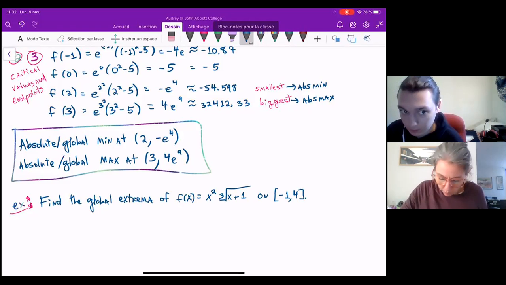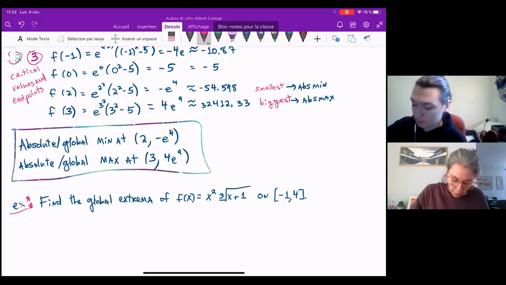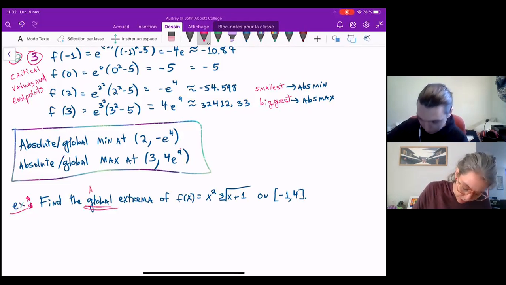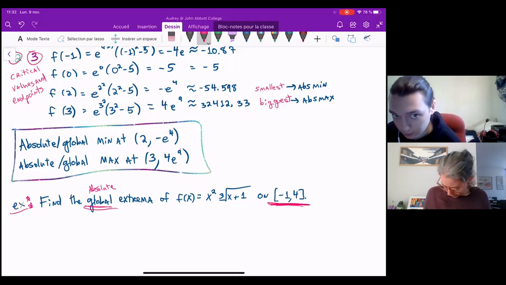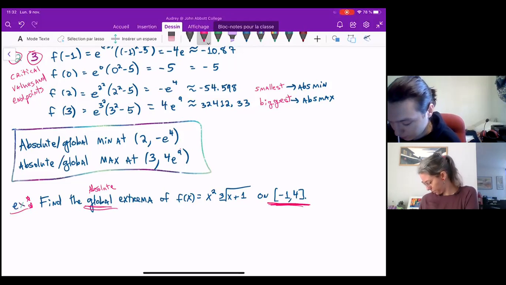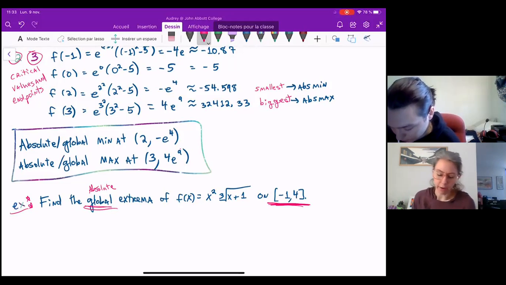So again, we have the word global, which could also be absolute, and we have this closed interval right here. So that tells us to use the extreme value theorem.